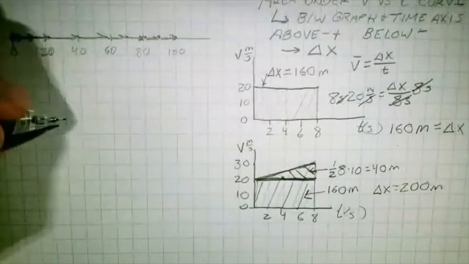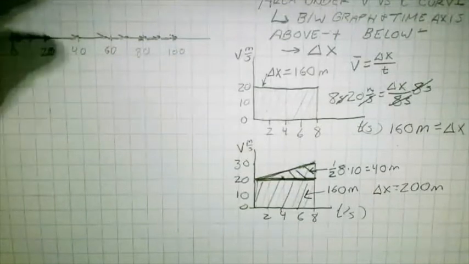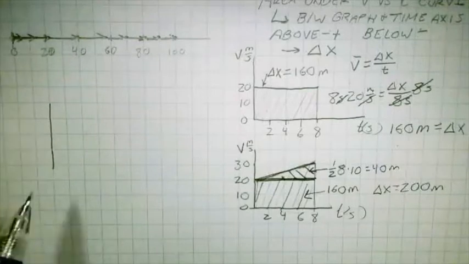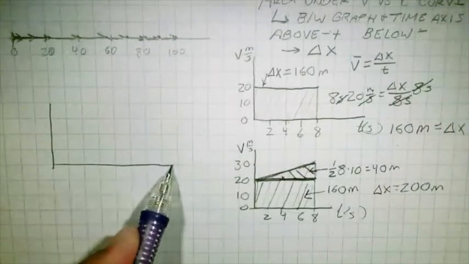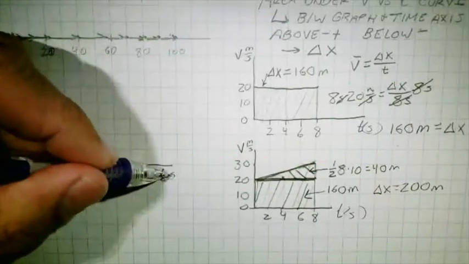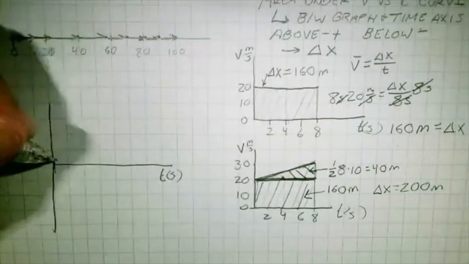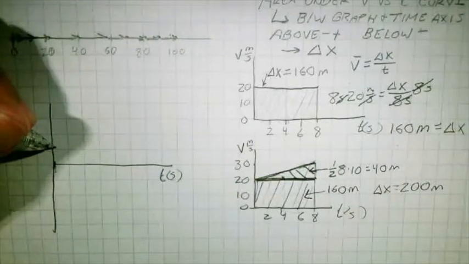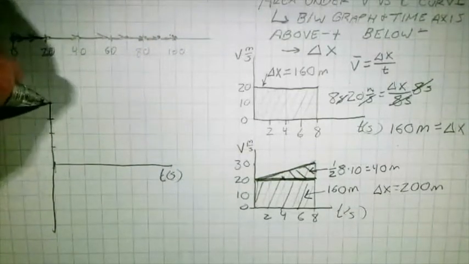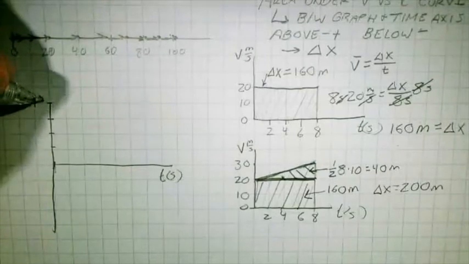And let me come over here. Now let's look at, I mentioned that counting below the time axis is negative. So let's do this. I'm going to throw a ball upward with a velocity of 4 meters per second.